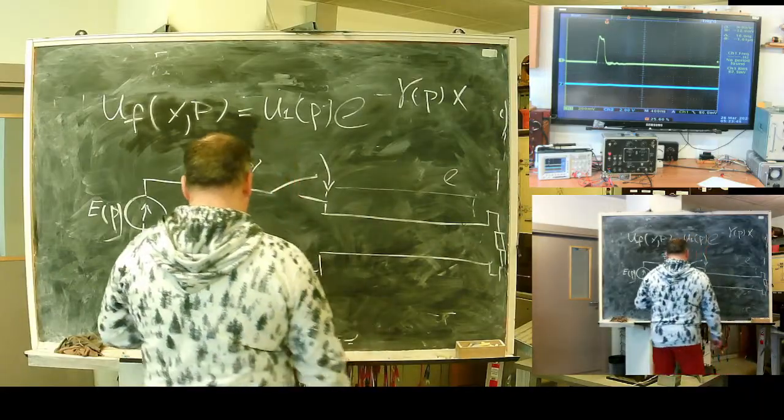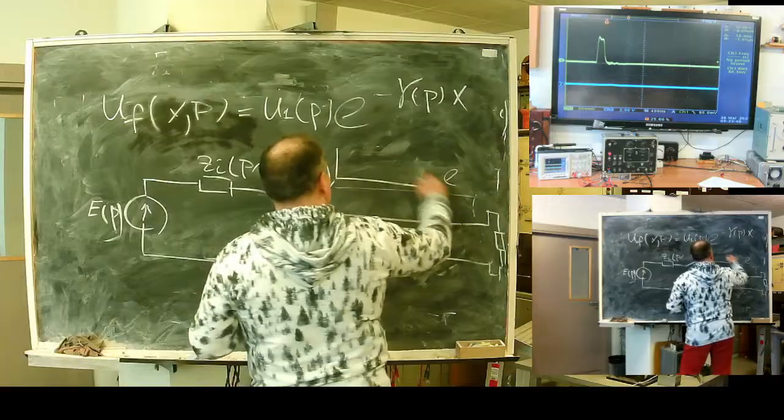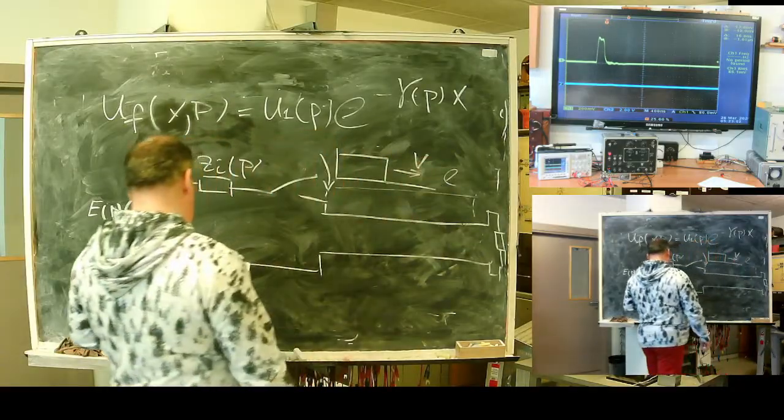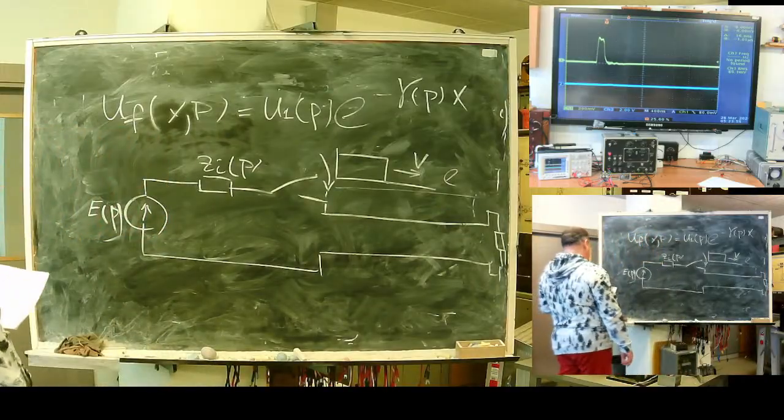Through the line will propagate a wave with the speed of v.